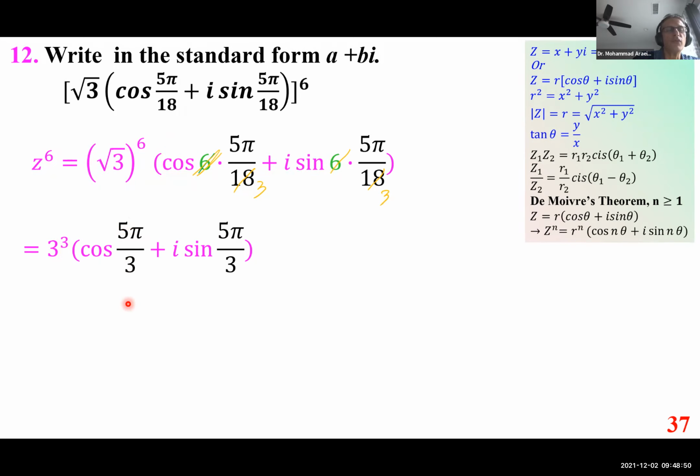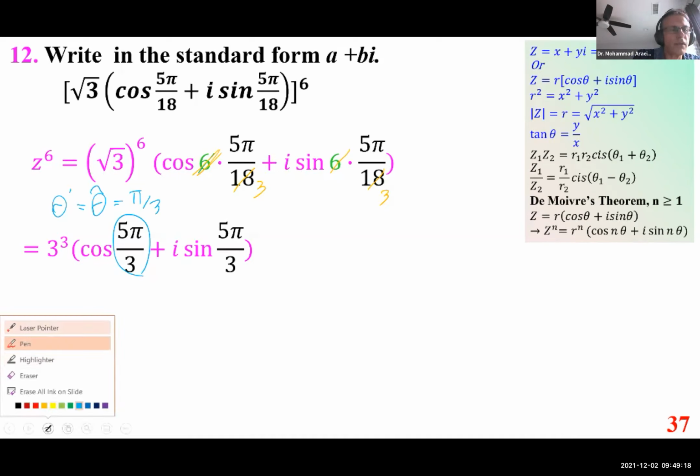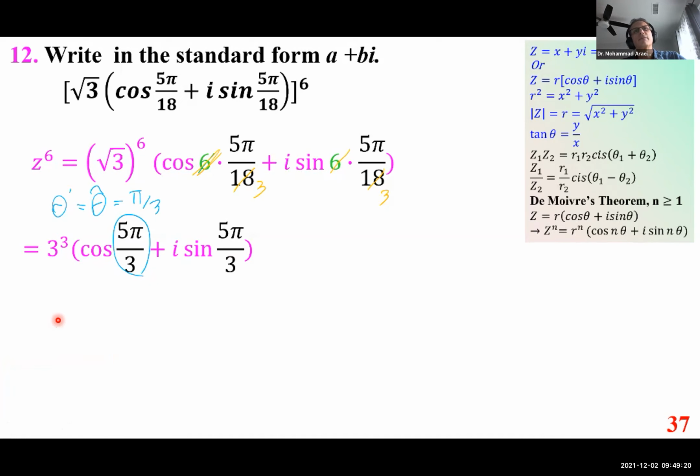Now, for 5 pi over 3, the arc that you can use instead is pi over 3. They call it the reference arc, and they use theta prime for this one. I've mentioned it last time. Theta hat, you name it. So it's the same as pi over 3, but you have to figure out if it's positive or negative.